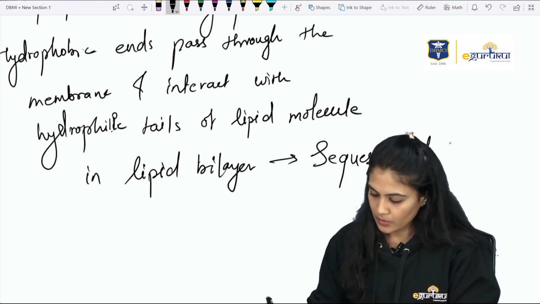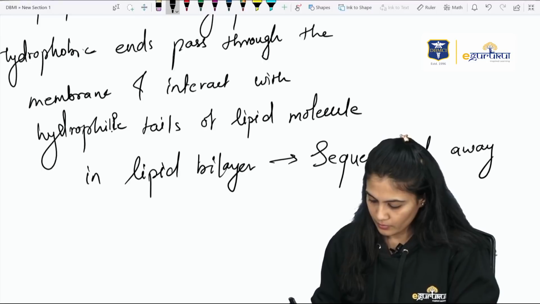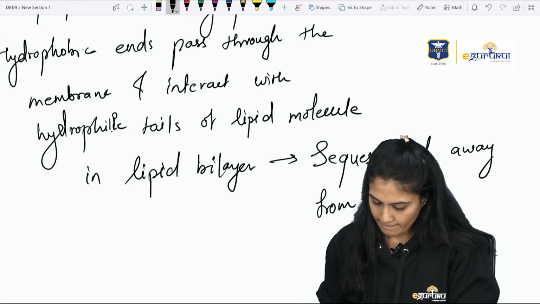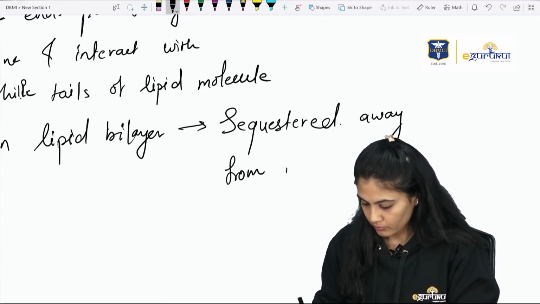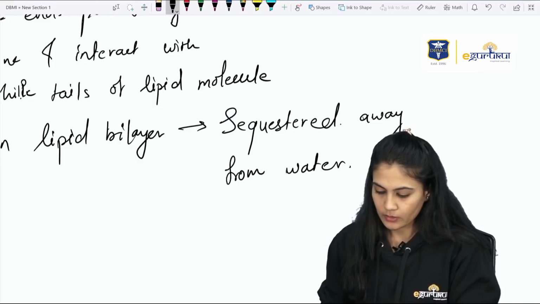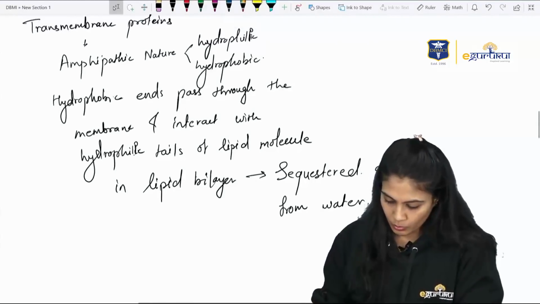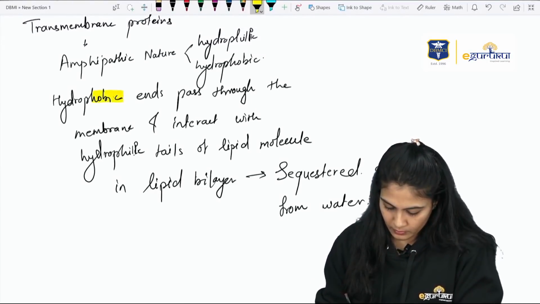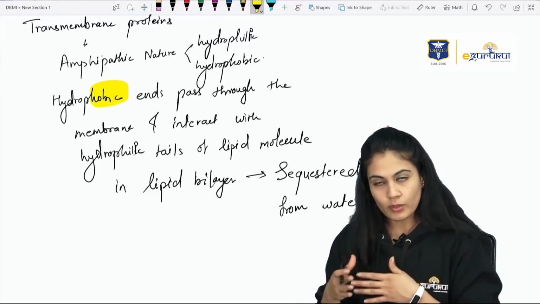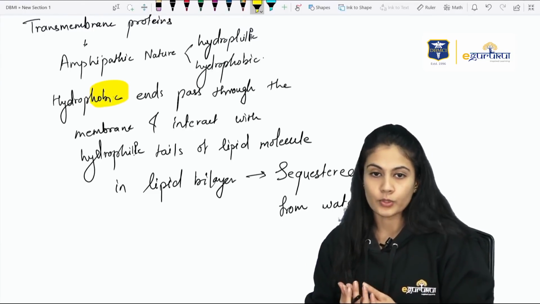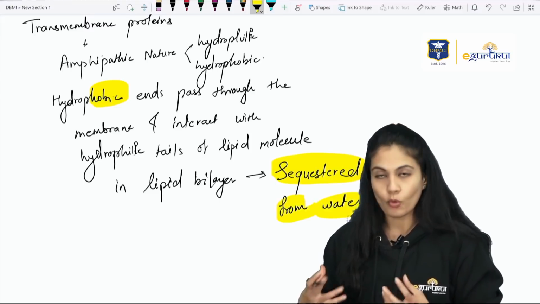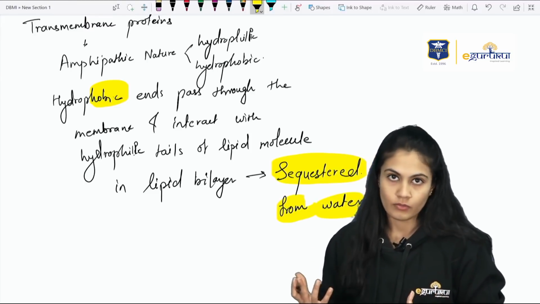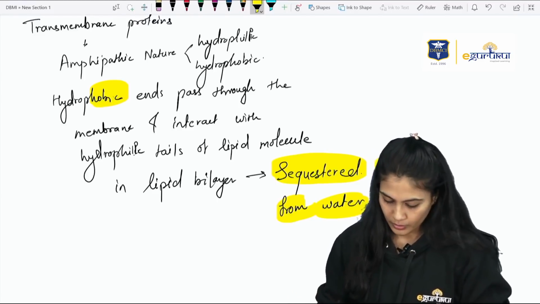And they get sequestered away from the water, obviously. So the phobic ends pass through the membrane and meet the hydrophobic tails, and that's why they get sequestered away from the water. And phobic means away from whom? Hydro, that means water, right?